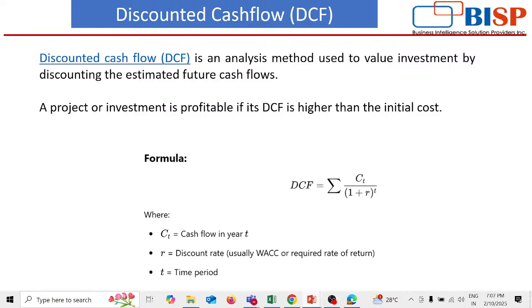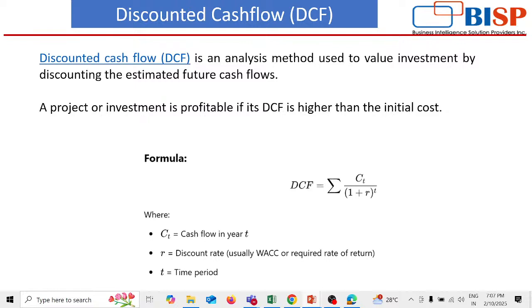A higher discount rate indicates higher risk and consequently a lower present value. And then 1 plus R is raised to power T, that means this is time period T over here. So each cash flow is discounted to its present value, considering the time period at which it is expected to occur.